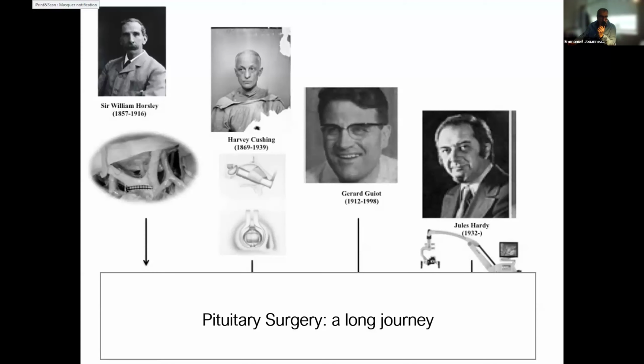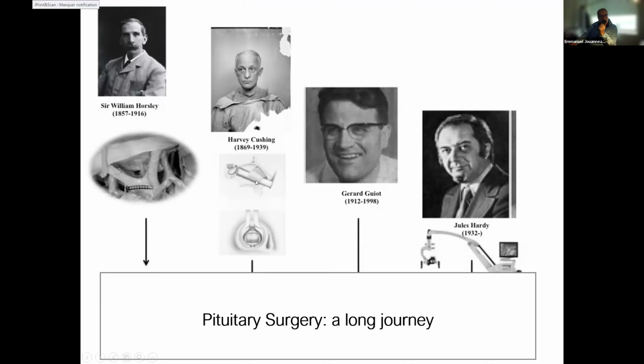You all know after the development of the transsphenoidal routes, Cushing in the US in the 30s started using this kind of approach. And you all know Cushing because he described the disease that bears his name.